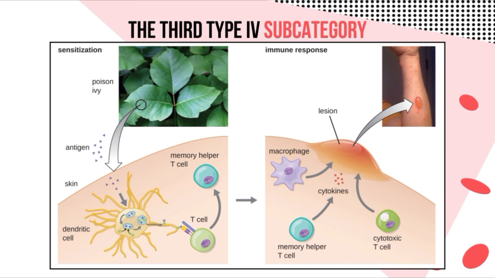The release of cytokines would send signals to other immune cells like the macrophage and cytotoxic T cell to fight off the harmful substance that is present on the body or the antigen. And this reaction can lead to the formation of lesion or lesions on the body. And this can significantly damage the tissue of the skin.